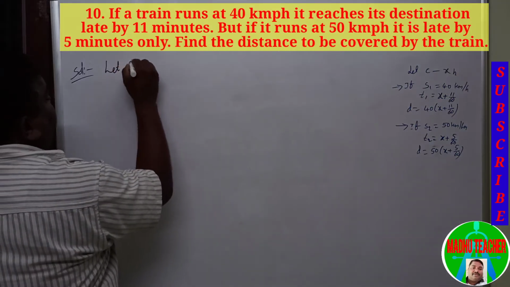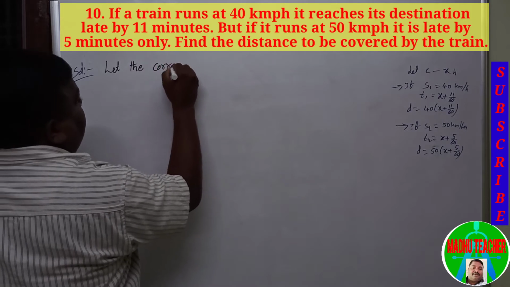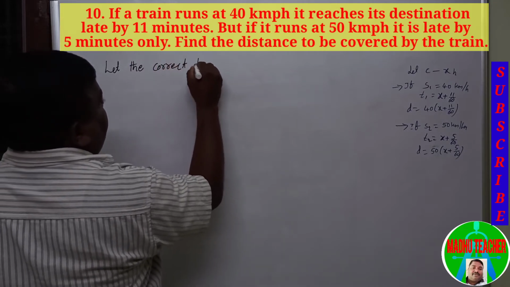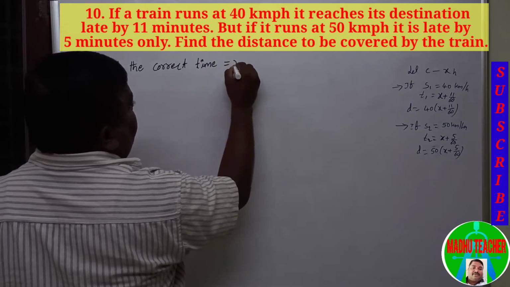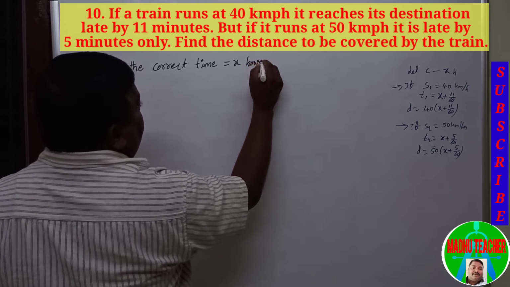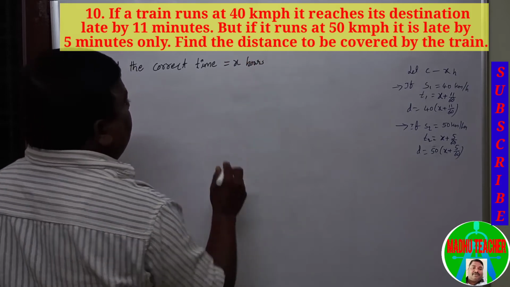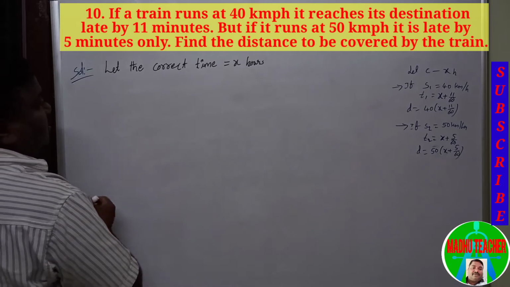Let the correct time equal x hours. This is the correct time taken by the train. What is the first condition?